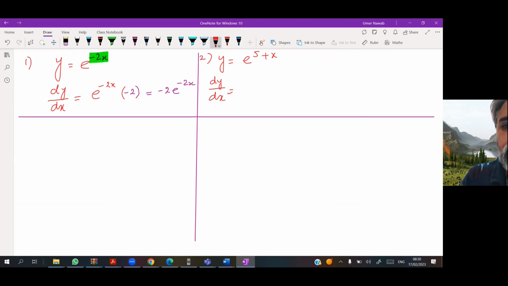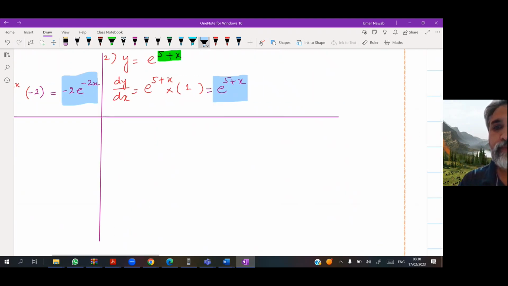Shall I copy the same function, e raised to power 5 plus x? What is the further derivative of 5 plus x? The derivative of 5 is 0, and the derivative of x is 1. So this is 1. What's the final answer I will write? I'll write e raised to power 5 plus x. That's the final answer.